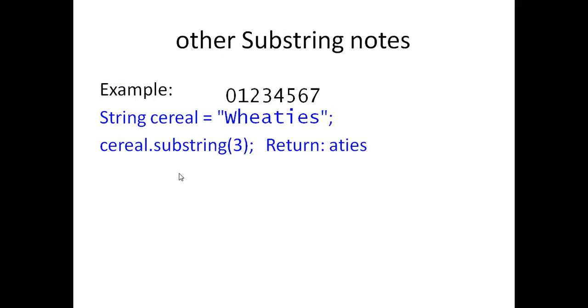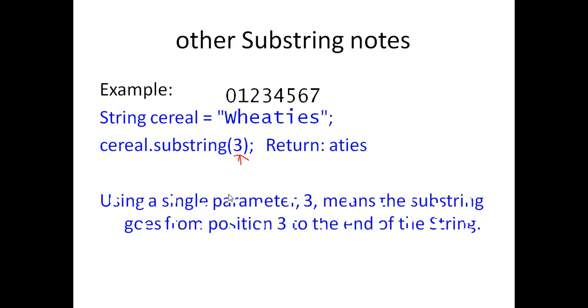Here's another example. This presents one other situation that's going to arise. Here again you have Wheaties, and you have only one parameter. Well, what does one parameter mean? All that means is that the substring goes from position 3 all the way to the end of the string.